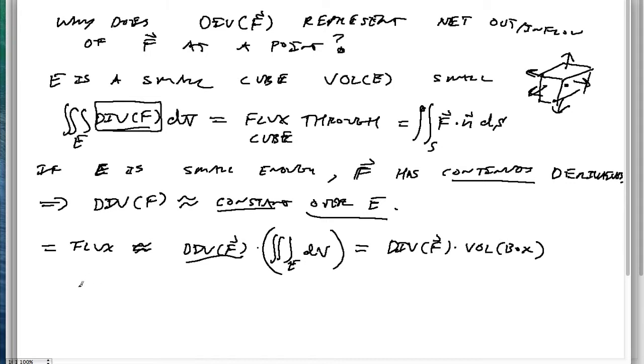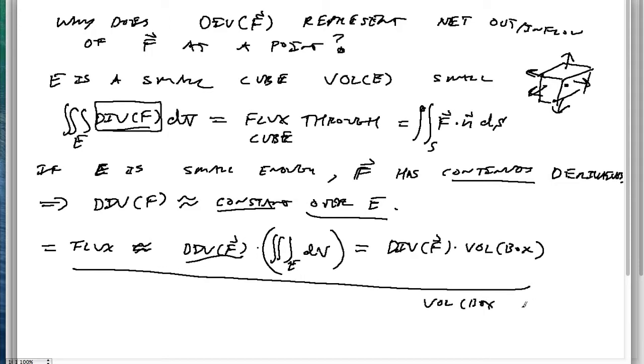So what we're saying then is, we can take this whole thing and divide it by the volume of the box. And that implies then that the flux per unit volume, so that's the flux through the box, is equal to the divergence.